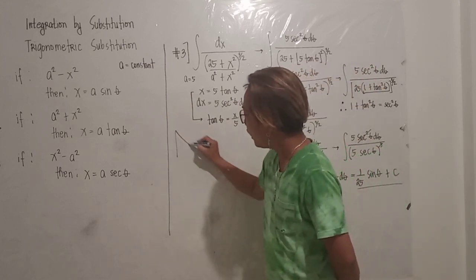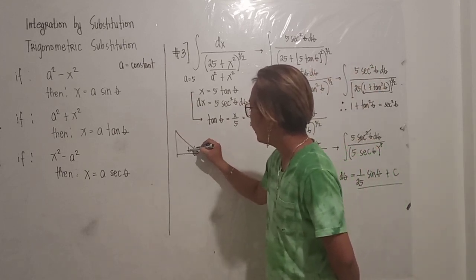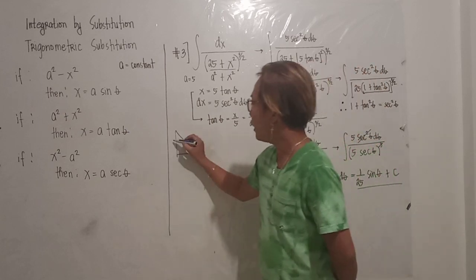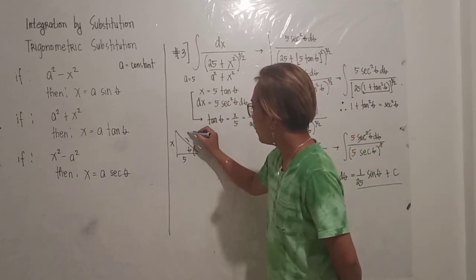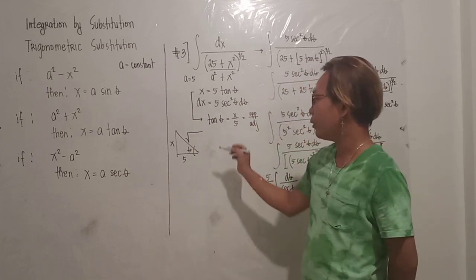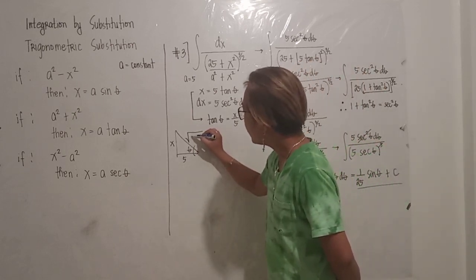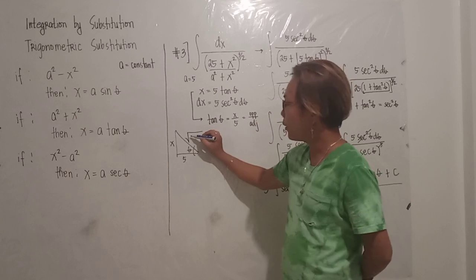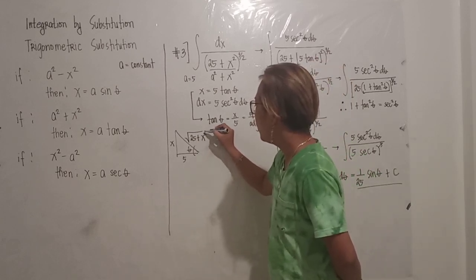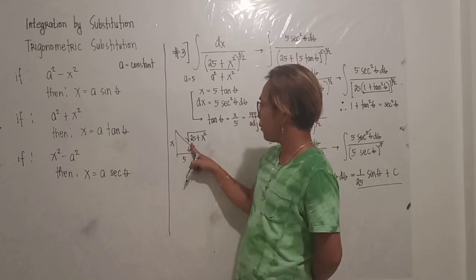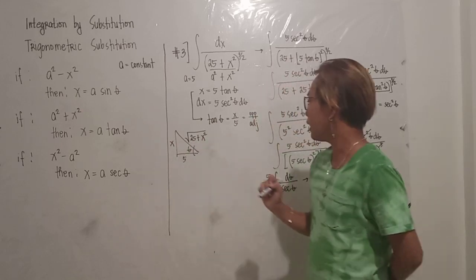So using the triangle, if you have the theta, the opposite is x, the adjacent is 5. You're gonna get this hypotenuse as x squared plus 5 squared, or can be 25 plus x squared. This is 5 squared plus x squared.